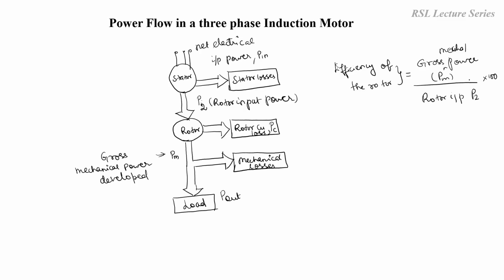So PM by P2 into 100 is the efficiency of the rotor. Whereas the efficiency of the induction motor overall is given by the output power divided by the input power. The output power is nothing but the shaft power or useful power.